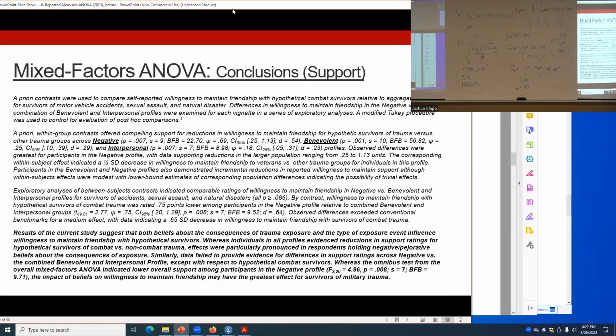So we're saying within-group comparisons offer compelling support for reductions in willingness to maintain friendship for survivors of trauma versus non-trauma groups. Okay, this is the wrong thing.